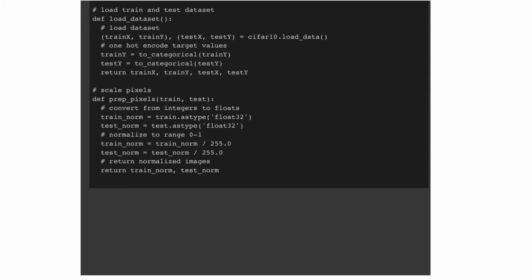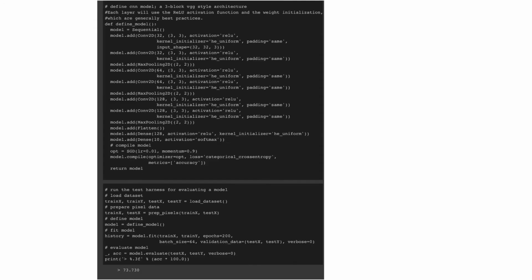Then I normalize the train and test dataset. This is the model, a 3-block VGG style architecture. You can see there are 3 blocks, and then I add a flattened layer as well that has 128 units, and then 10 units in the output layer.